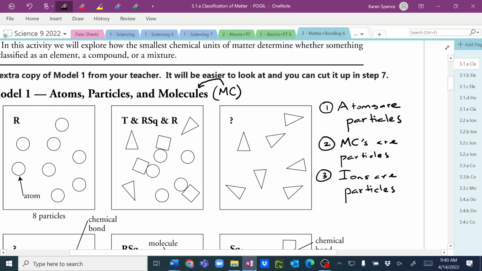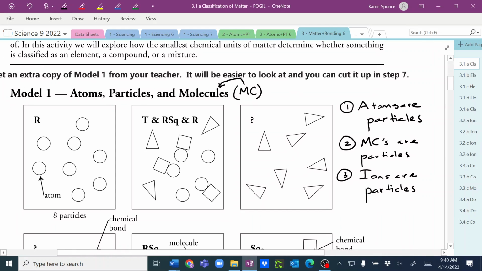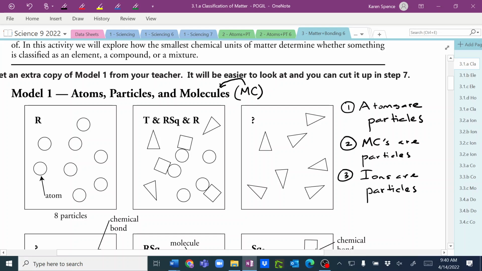Okay. So if I said to you, how many particles are there in this square here?